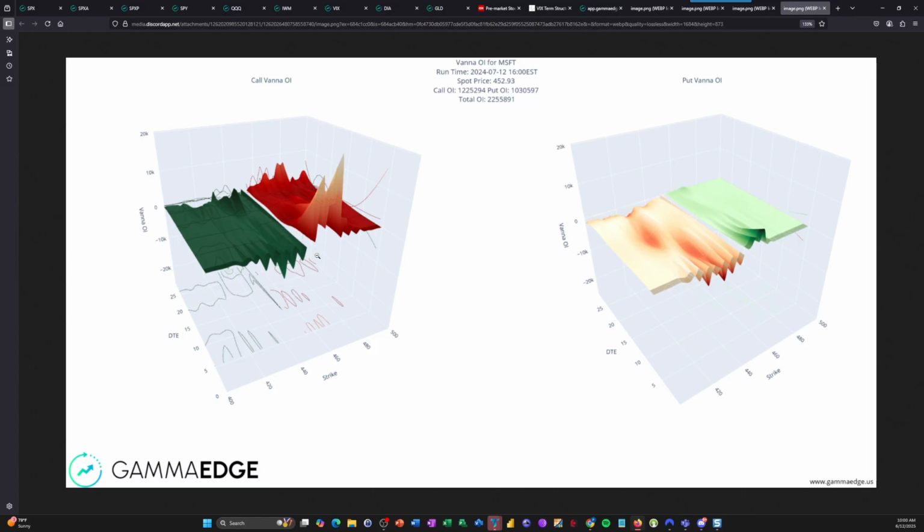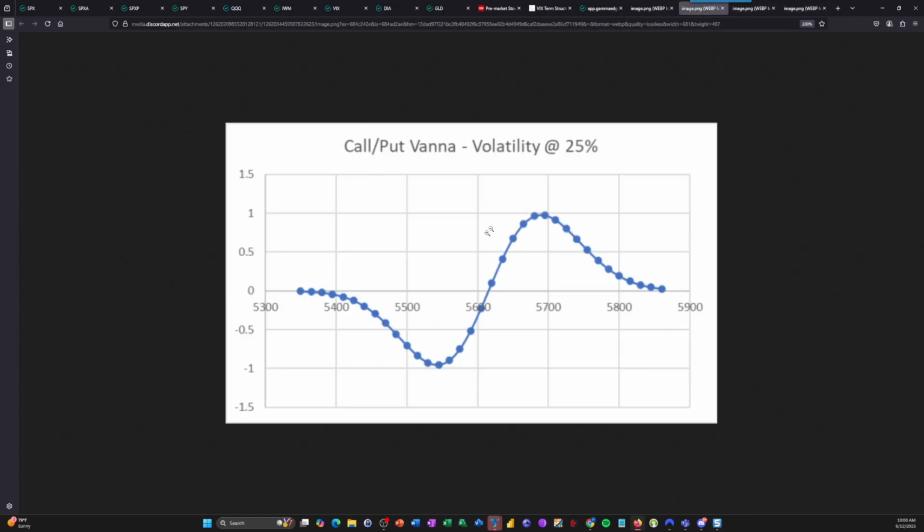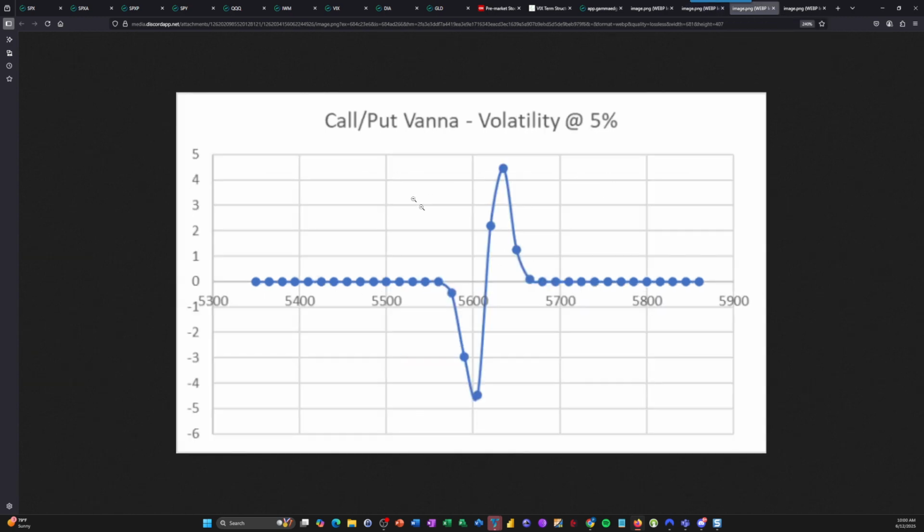Super duper important, right? Because we posit, we get a Vanna rally when we're coming out of a high volatility environment to a low volatility environment, right? We go from a wide distribution where Vanna has lots of influence, but it's not very tall, to a narrow influence where it grows in magnitude.